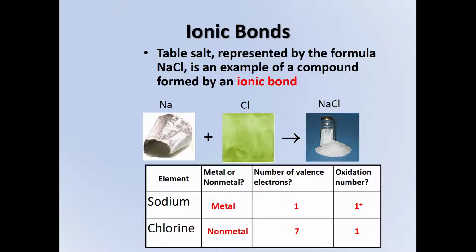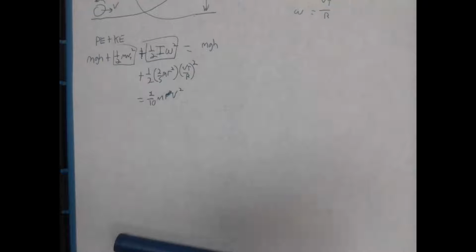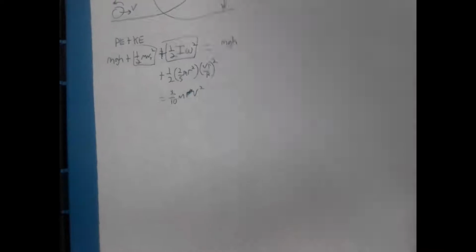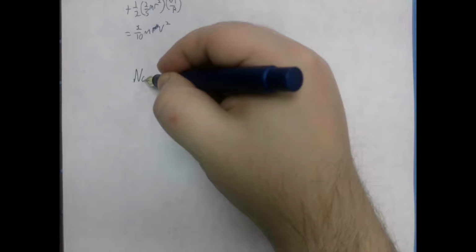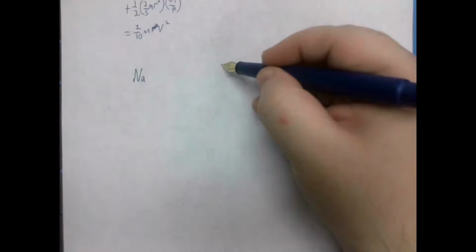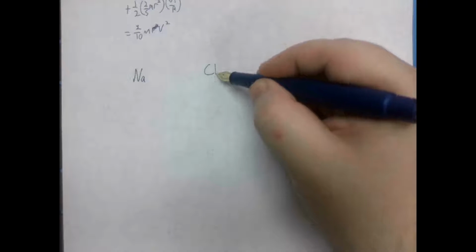So here is the example. Here's what's going on. So we have sodium and we have chlorine. Right now they're neutral elements.